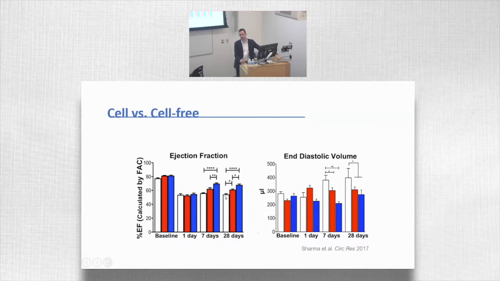So the secretome is everything the cells secrete into culture medium. It's not cells, it's any kind of miRNA, it could be factors itself, it could be any kind of vesicles that they secrete. And they've shown that not only do they have the same effect, but they have a better mechanism than cells themselves.